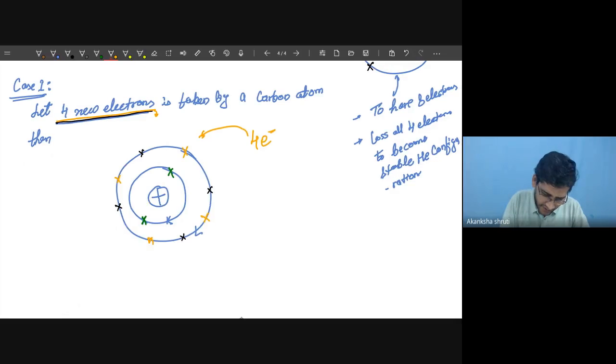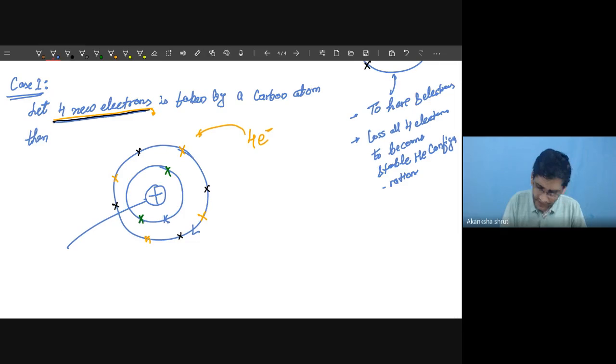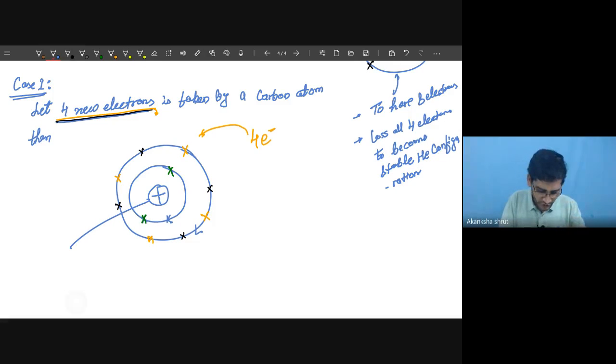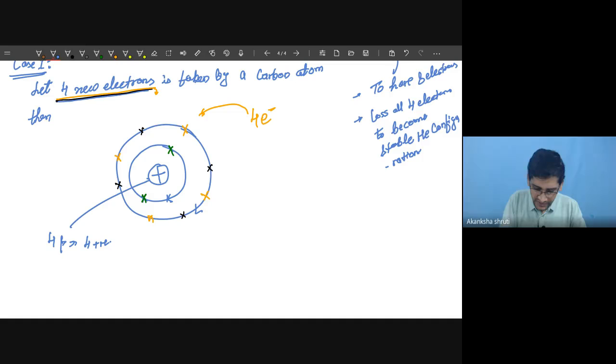The nucleus still contains how many positive charges? 4 protons. This implies 4 unit positive charge. But considering the outermost electrons and everything, it is not 4 but rather 6. The nucleus contains 6. The 4 is balanced by the outer one.